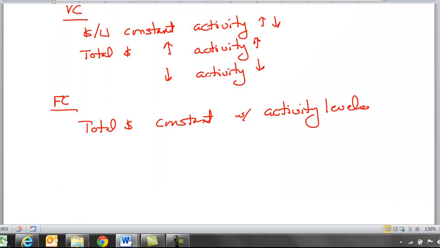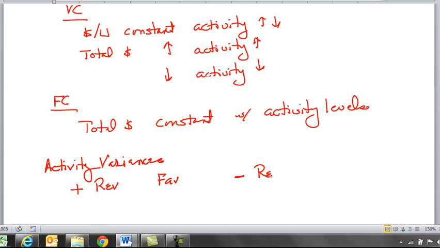And when we're talking about revenue, if the difference between the two revenues is positive, we have a favorable variance. If the difference in revenue is negative, then you have an unfavorable variance.